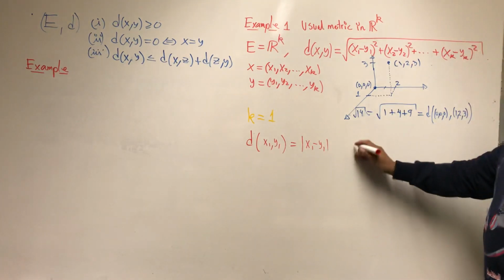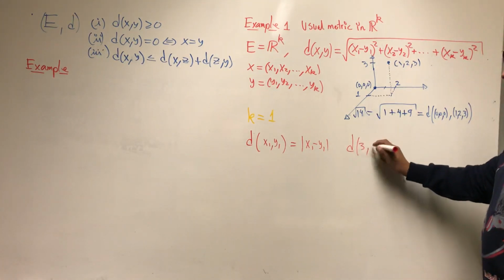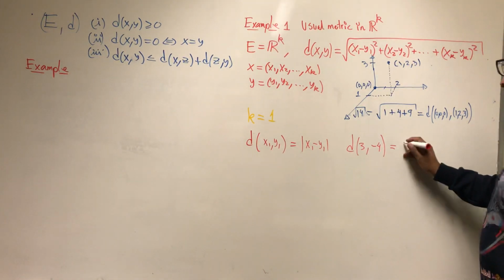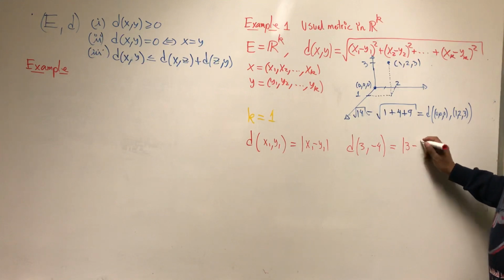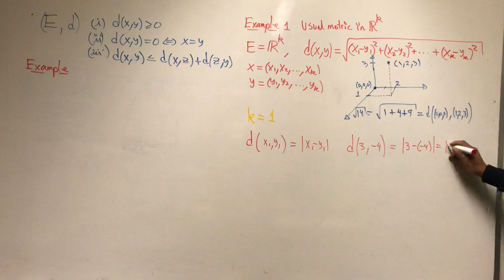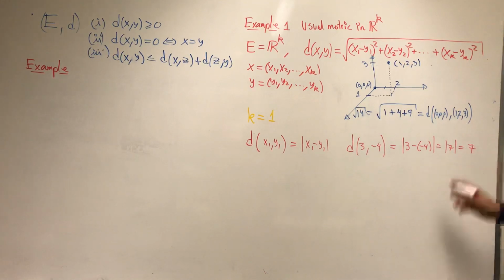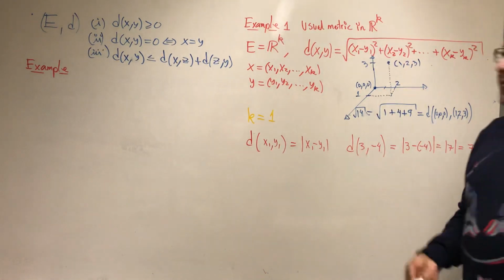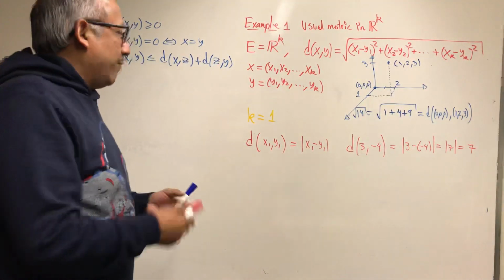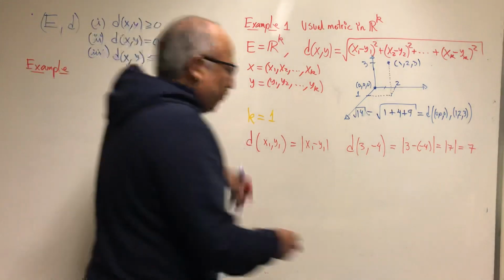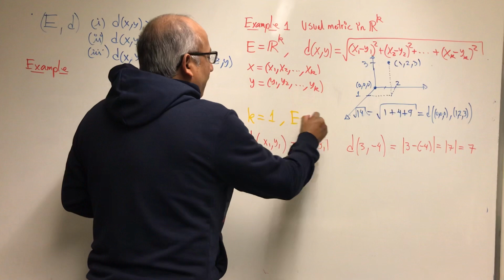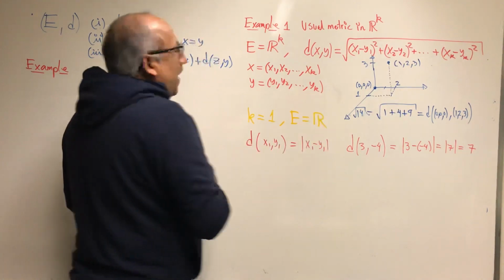For example, what will be the distance between 3 and minus 4? The distance would be the absolute value of the difference, which is 7. Correct? So this is the usual metric. It's very typical, very normal, that is why it's called the usual metric. So when k equals 1, our universe really becomes R to the 1, or R, the real numbers.